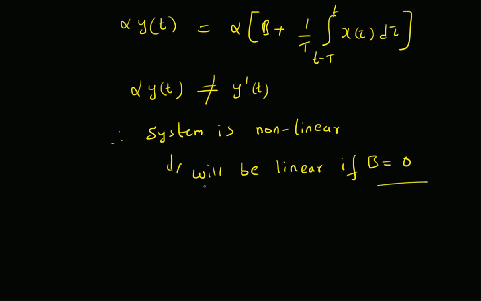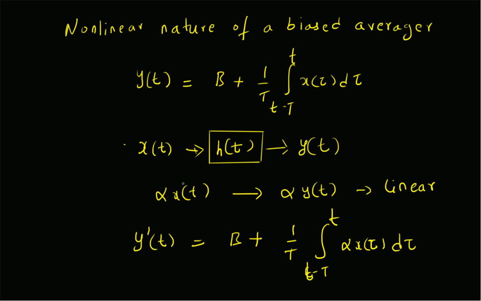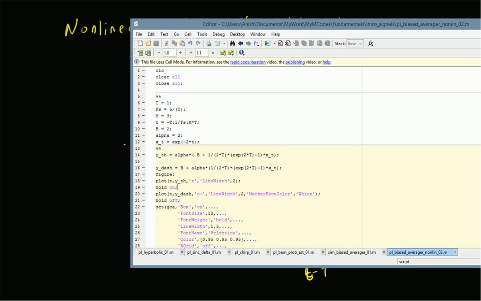Now let us look at the Matlab implementation of this idea for a simple example. We assume that the input x(t) is exponential of minus 2t. We can calculate the theoretical value of the output, alpha times y(t), and also y'(t), which is b plus alpha times the average of the signal. We assume the averaging time T, create the sampling rate, and the value of m which gives the length of the time vector.